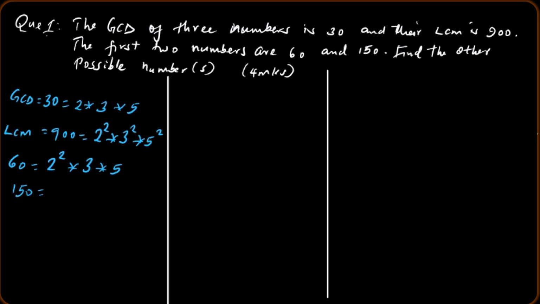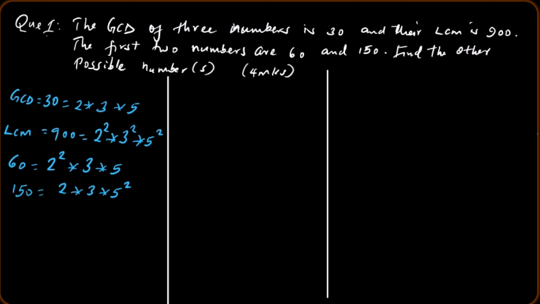So 150 you get 2 times 3 times 5 power 2. So 2 times 3 is 6, times 5 is 30, 30 times 5 is 150, so you square this 5 there.